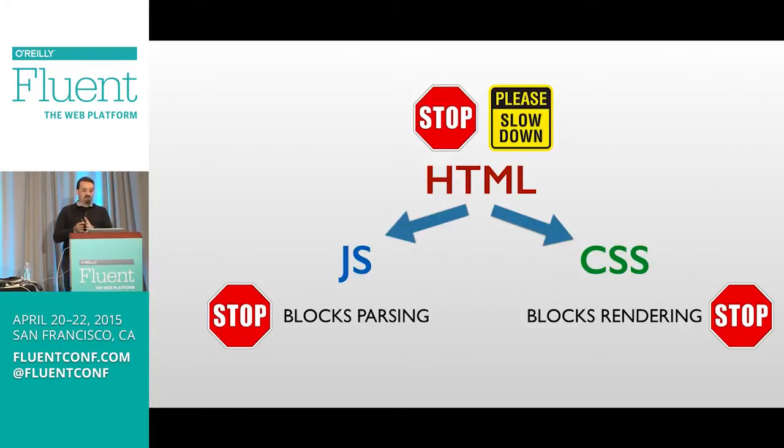So every time you have JavaScript, it will block the parsing. While the JavaScript is being downloaded and executed, nothing is going to be parsed. Everything is halted, so it's a stop sign. The same happens with CSS. When the browser knows there is a CSS to be parsed, it won't draw anything on the screen until that CSS is downloaded and parsed, okay?